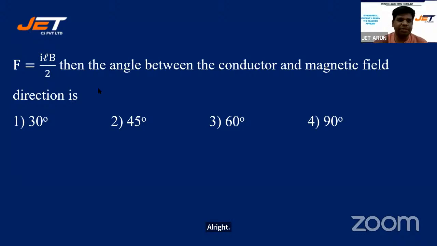F is equal to ILB by 2, then what is the angle between the conductor and the magnetic field direction? Look at this, ILB sine theta. Sine theta is nothing but 1 by 2. If sine theta is 1 by 2, theta is, yes, Riya, Gayatri, Saivardhan, Kumari, Varun Tej.